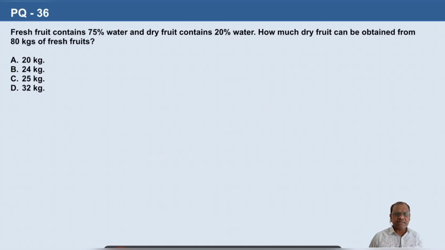Question number 36. Fresh fruit contains 75% water and dry fruit contains 20% water. How much dry fruit can be obtained from 80 kgs of fresh fruits? So we have fresh fruit and we have dry fruit.